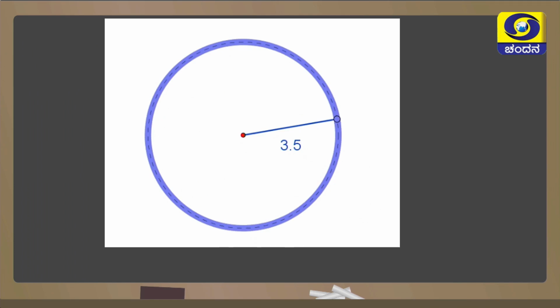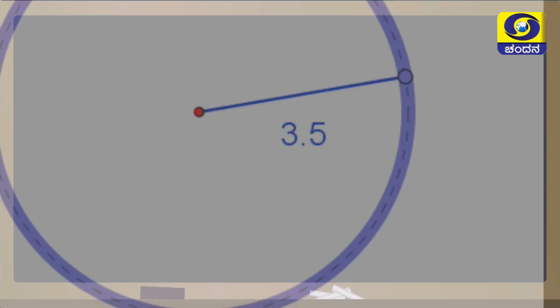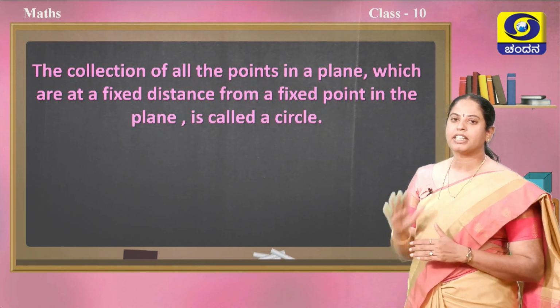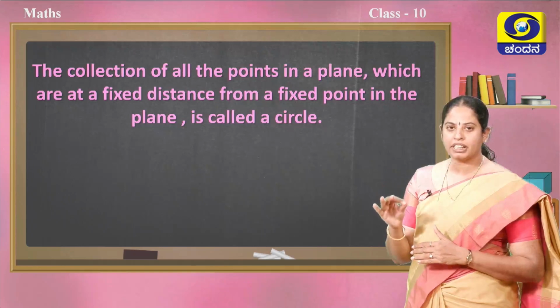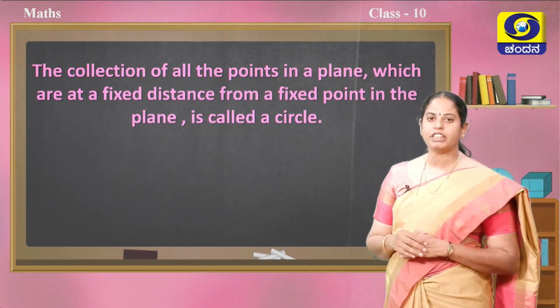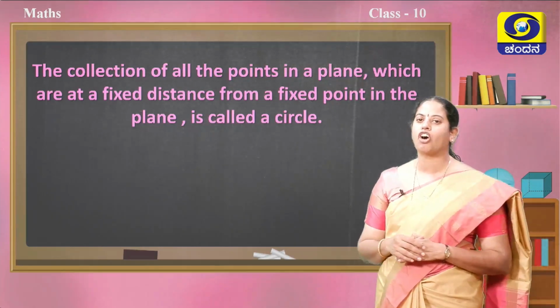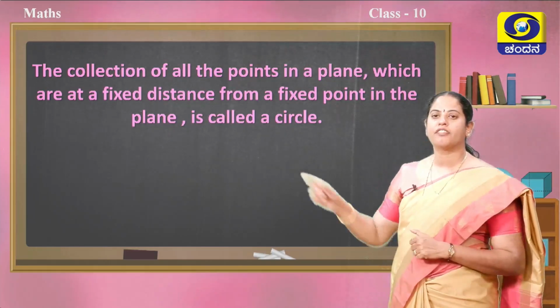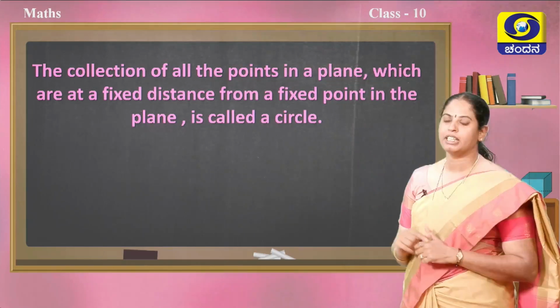Yes. Then what is a circle? In a mathematical sentence, let us see the definition. A circle is a planar figure formed by the collection of all the points which are at a fixed distance from a fixed point in the plane.